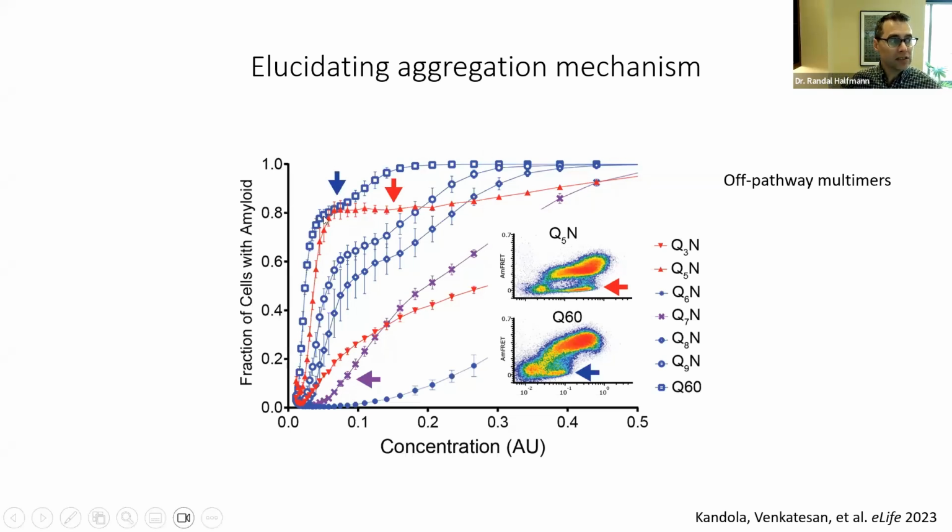And with certain mutations, you can actually block that second state from forming. So you actually have a plateau, in this case for this red line, where you're only able to form amyloid at low concentrations of the protein in cells. This is quite surprising, but ultimately what that tells us is that for polyQ, it frequently goes into an off-pathway multimeric state that's not conducive to amyloid formation.